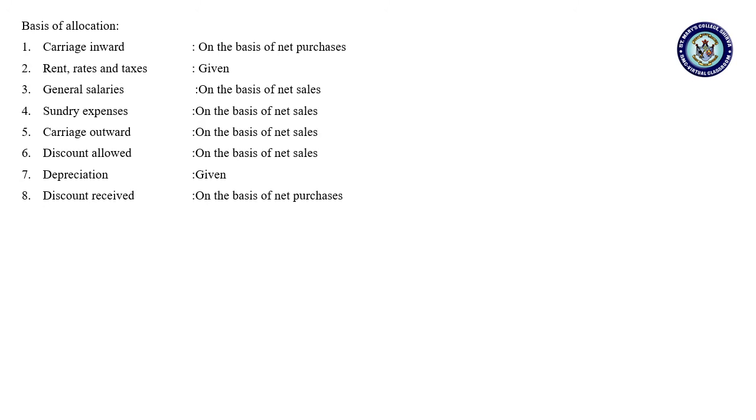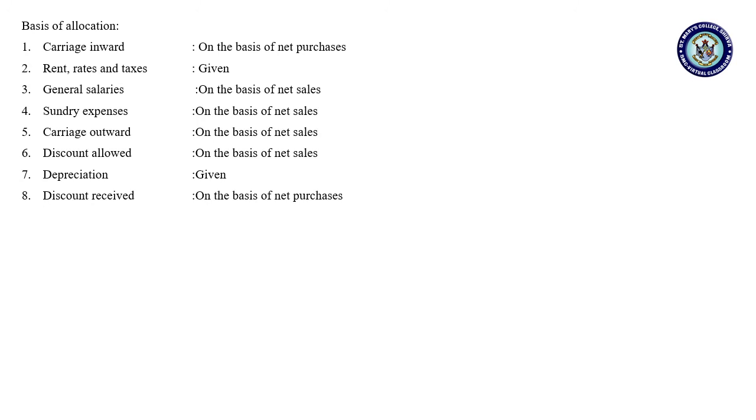For example, you purchased 10,000 worth of goods from Mr. A on credit basis, so you are liable to pay 10,000 to Mr. A. But he allows a discount of 10%, that is 1,000, and says you just pay rupees 9,000. That is the final settlement. So I am liable to pay only 9,000.